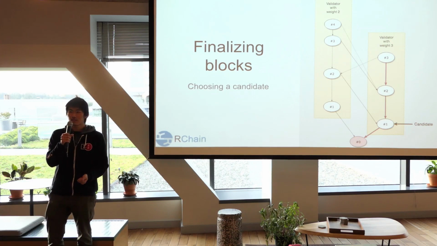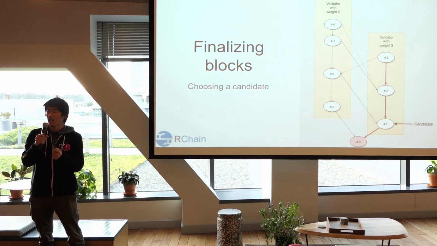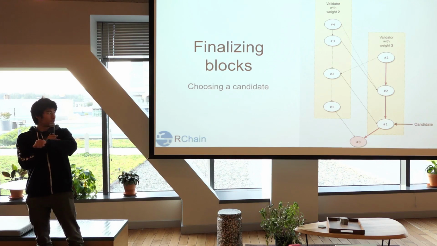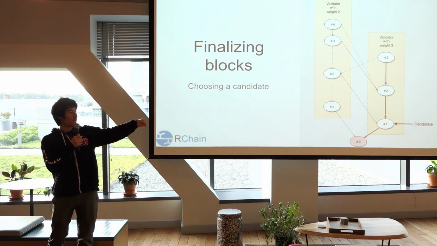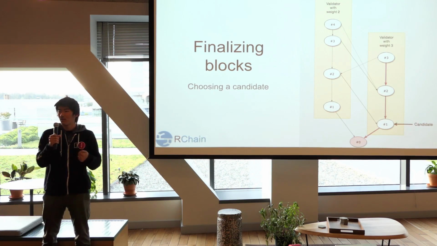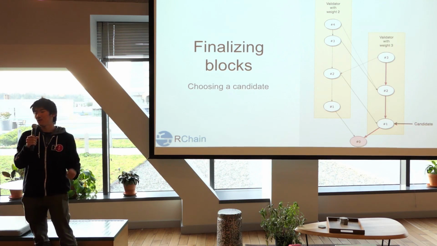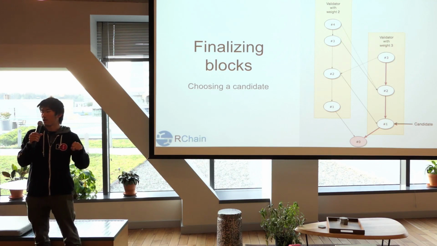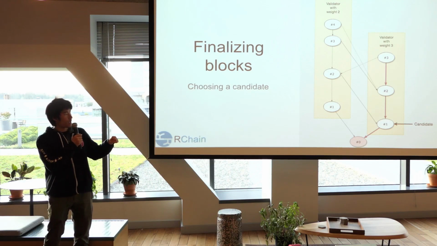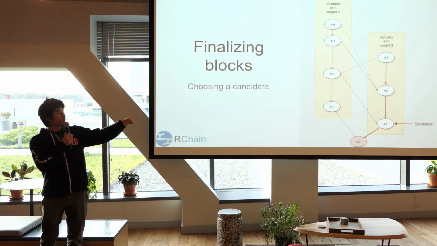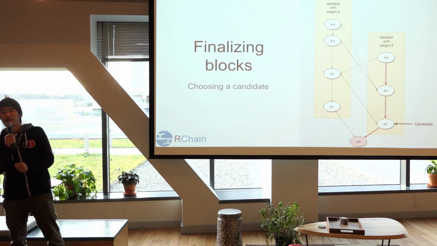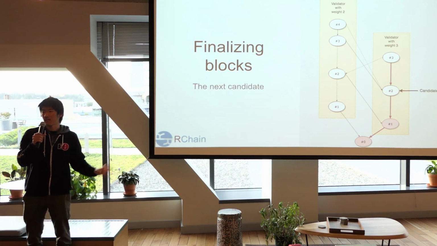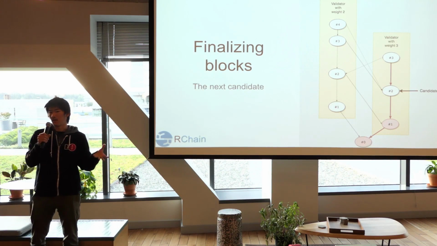And so what you do is you go along the fork choice, and you start with the genesis, and then you go up to the next, what we call candidate, and then we see whether it's safe. So then we run the safety oracle. That's the algorithm that determines whether this block is safe or not. And if the safety oracle says yes, then we mark it as finalized, and then we go on to the next block.